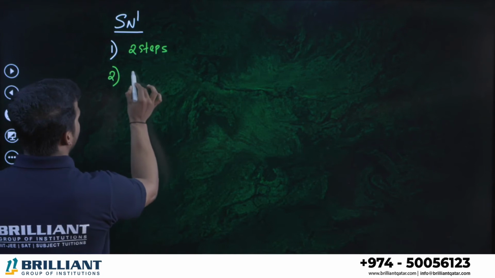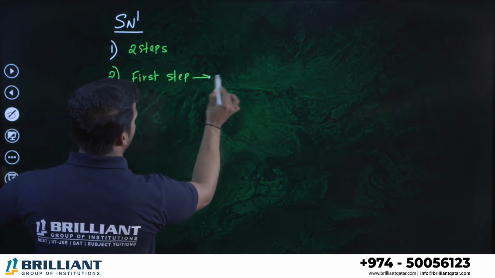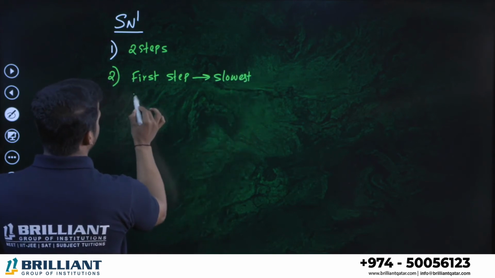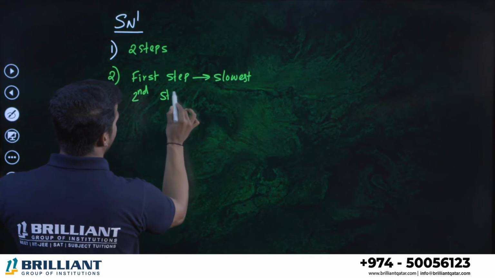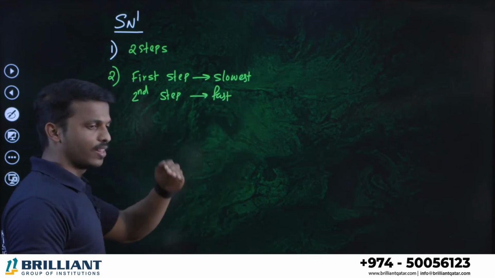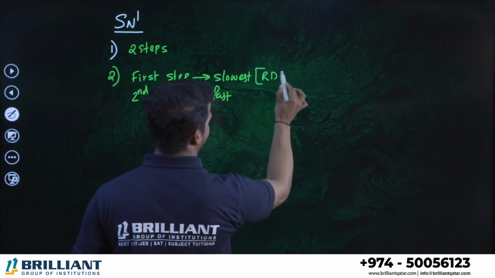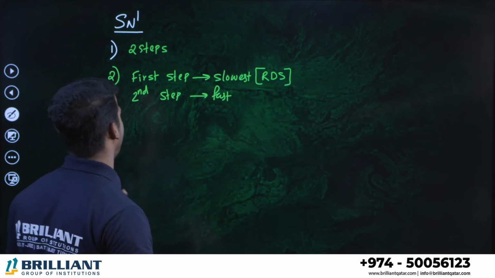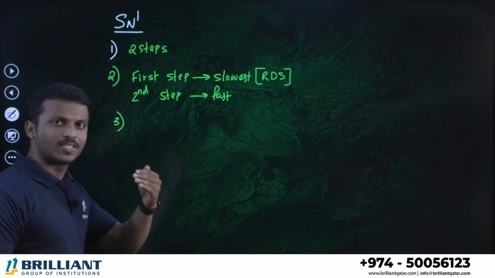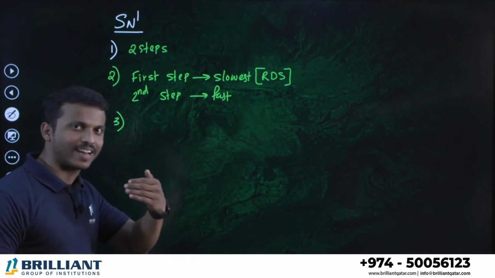Second point. The first step is the slowest step, right? And the second step is the fastest one. Which one is called the rate determining step? Yes, the slowest step. Third one. Do you remember the hybridization of the reactant carbon?